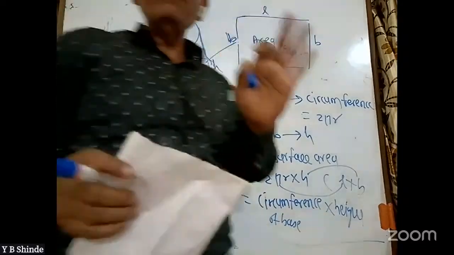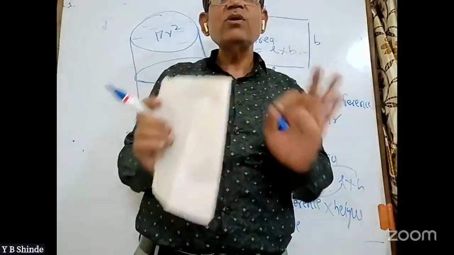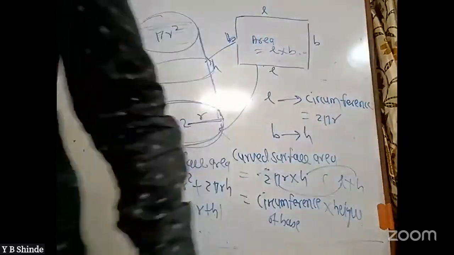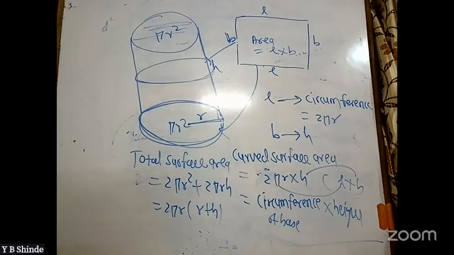We are considering only the total surface area, not volume. So curved surface area is 2 pi r h and total surface area is 2 pi r into r plus h.